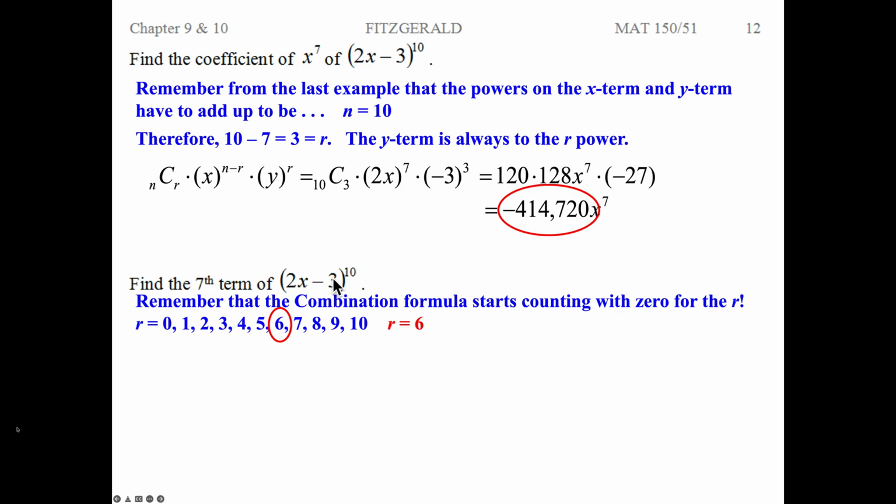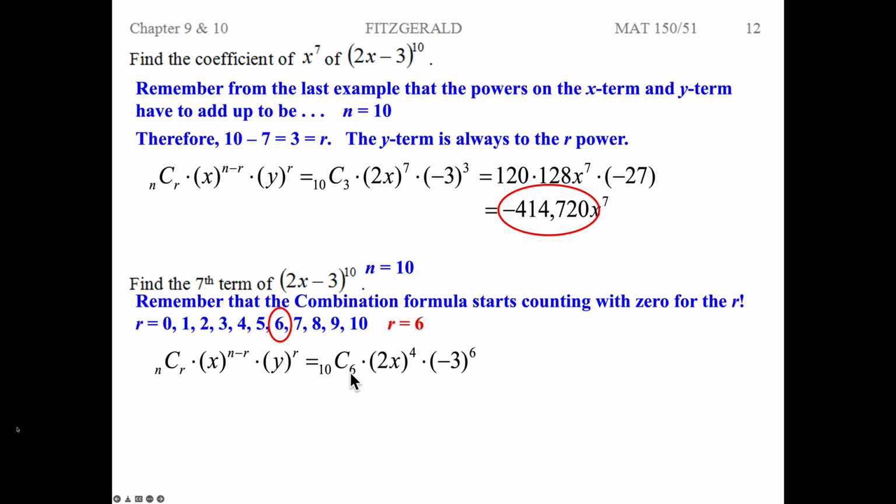Well, that means that's negative 3 to the sixth power. This is going to be 2x all to the fourth power, because remember the two powers have to add up to be 10. So we're going to go 10 combination 6, the 2x to the fourth power times the negative 3 to the sixth power.